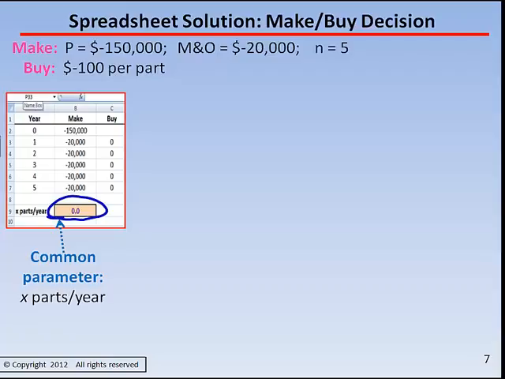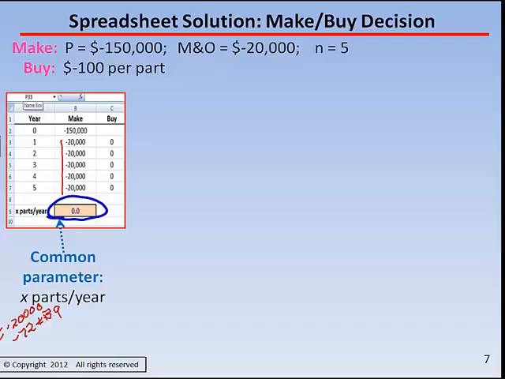For example, the make option cash flow in years 1 to 5 uses the relation minus 20,000 minus 72 times X, but X appears in our cell B9.